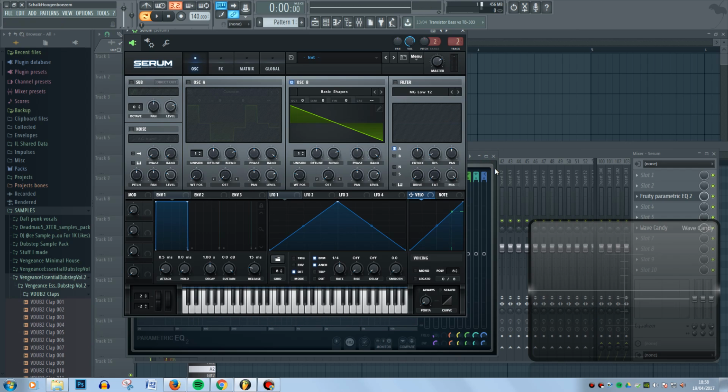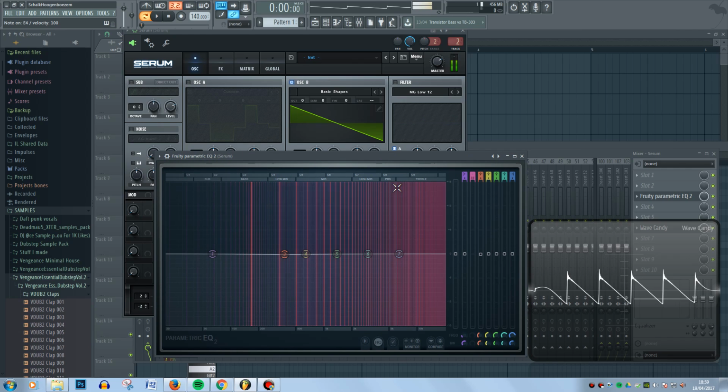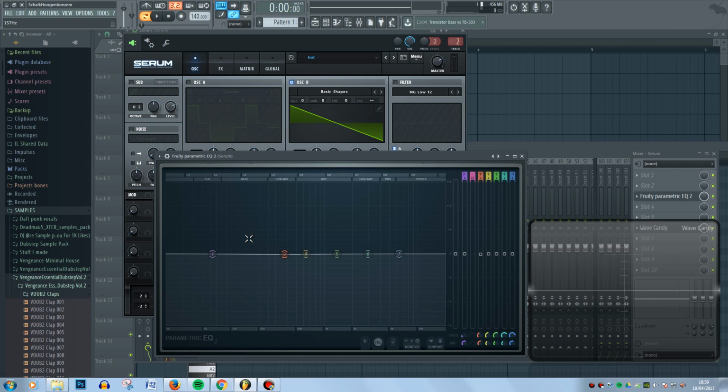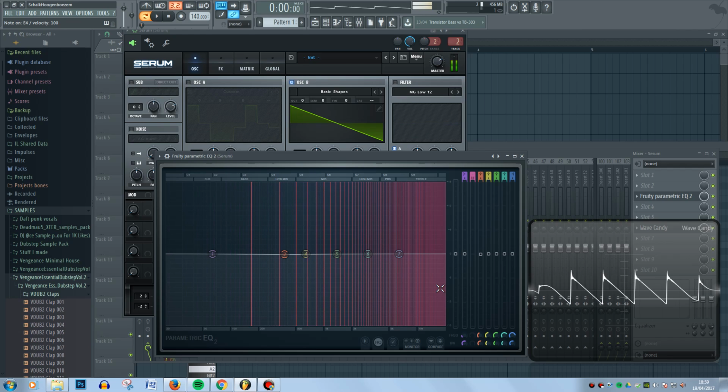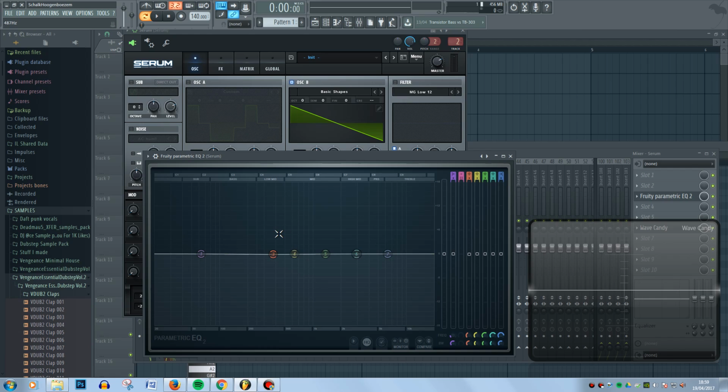I'm not sure, actually. But what's interesting is if you look at the frequency range, you'll notice that there's a bunch of harmonics now. What's interesting about saw waves is that they have all these harmonics, which makes them very easy to mix.